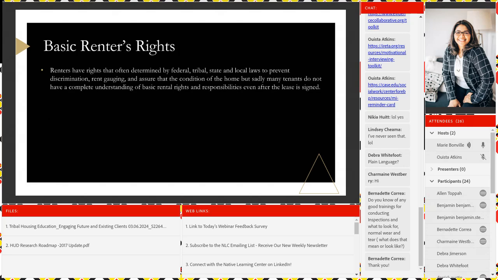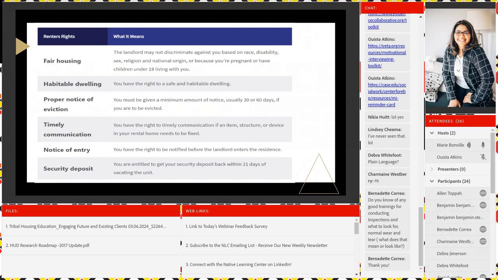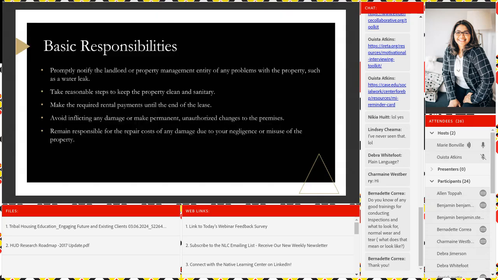Renters' rights, right? Talk to them about giving them some of the strengths to know what they should know about fair housing, habitable dwelling, proper notice of eviction, timely communication, notice of entry, security deposit, the definitions, the things that they should be aware of as renters.